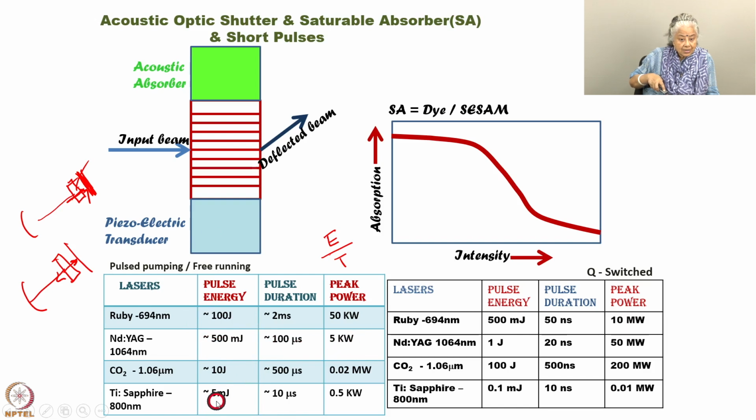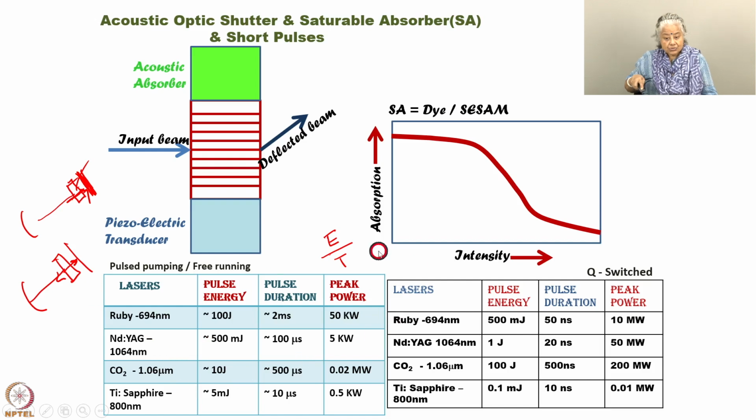Then for example 5 millijoules divided by 10 microseconds. Here you get 0.5 kilowatt power, a little less than this, but in the kilowatt range, no doubt. In case of carbon dioxide, 10 joules and 500 microseconds, you get around 0.02 megawatts, which means around 20 kilowatts. So you get peak powers in the range of kilowatts. This was the free running type laser.